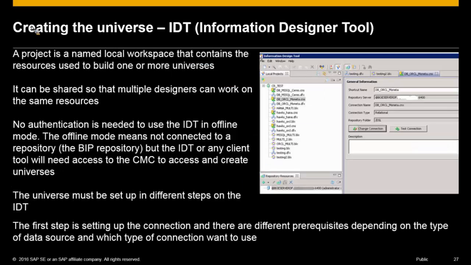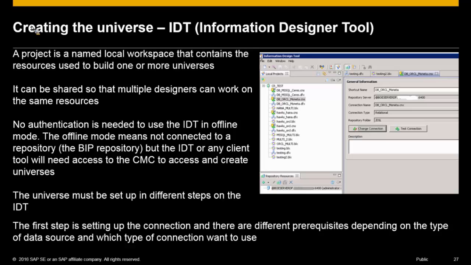So first we can see that we have a project here. So this is a local workspace that contains the resources used to build a universe or more than one universe. So you can share this so that multiple designers can work on the same resources.